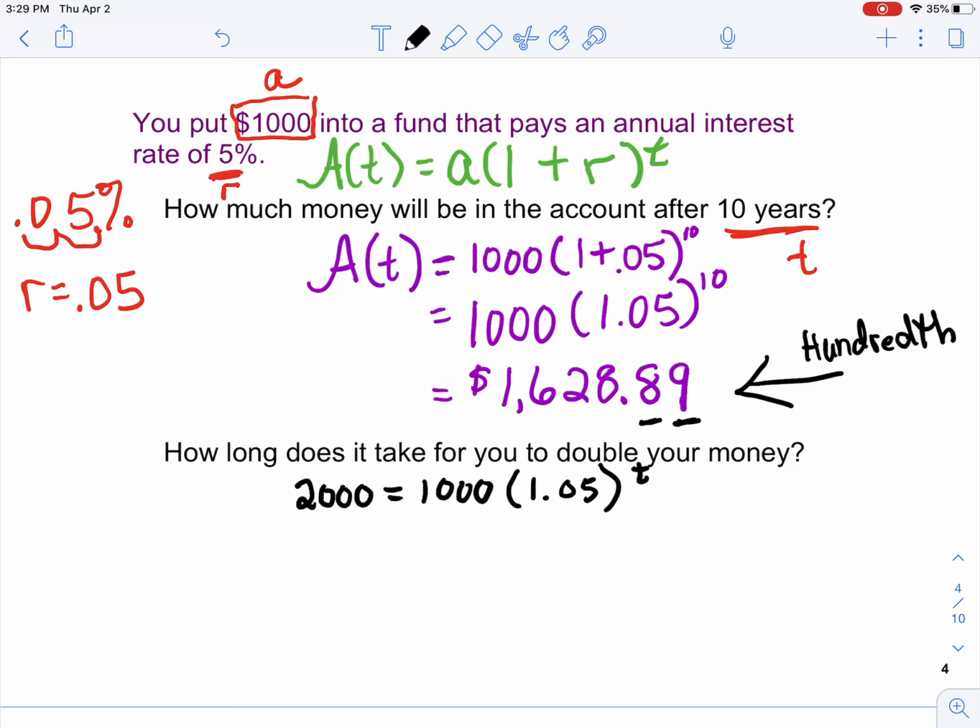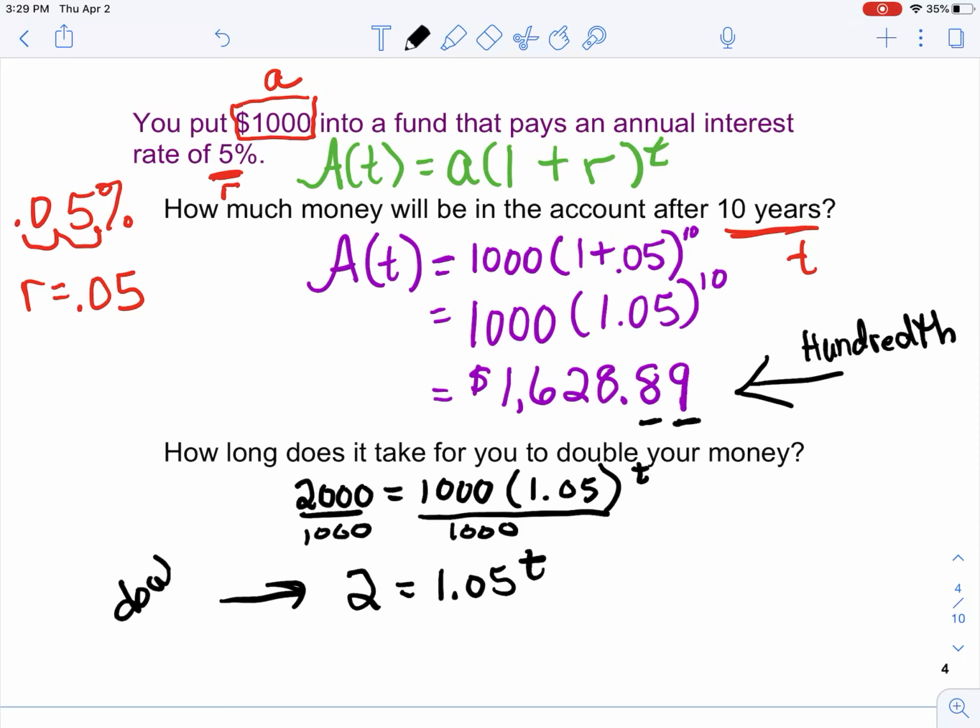So to solve that, we want to get the exponent by itself on this side. So the 1,000 does not have an exponent, so I can divide each side by 1,000, which gives us 2 equals 1.05 to the t. And that 2 right there means doubles.